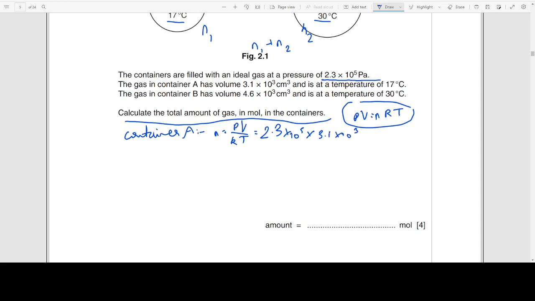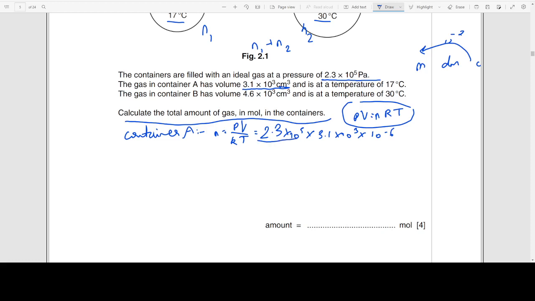Now the volume is in centimeter cube, so multiplied by 10 raised to, from meter, decimeter, centimeter, centimeter to meter is 10 raised to minus 2, so it's gonna be into 10 raised to minus 6 for centimeter cube.